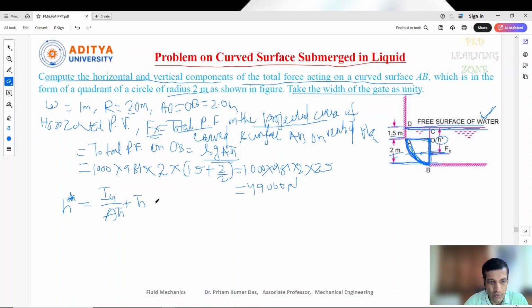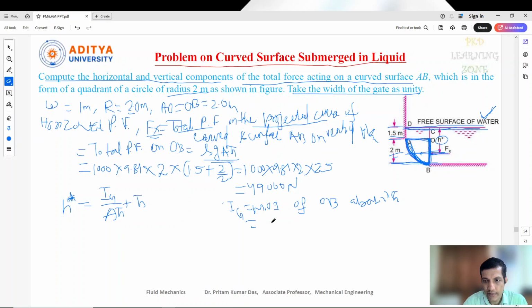H bar we already have, area we know, and only Ig we need to calculate. Ig is the moment of inertia of OB about its center of gravity, its CG.